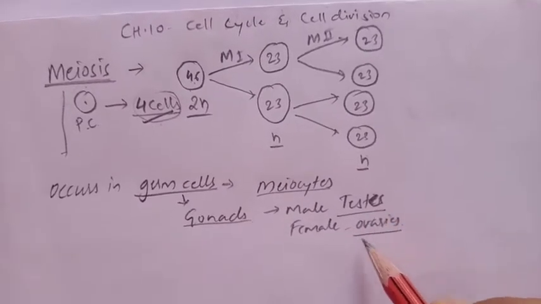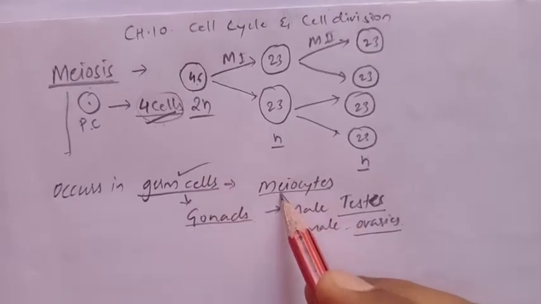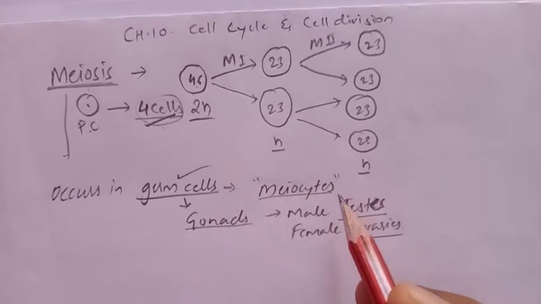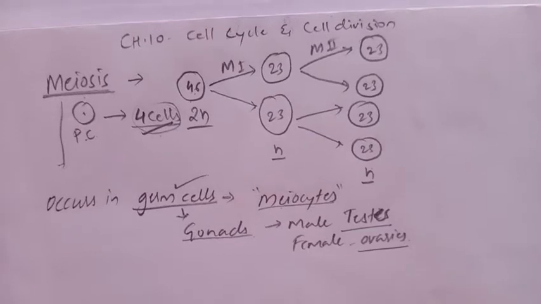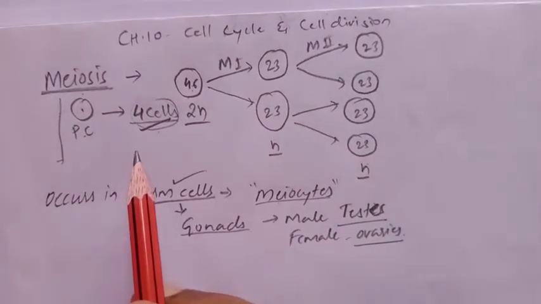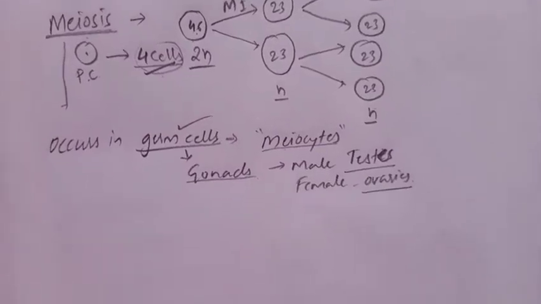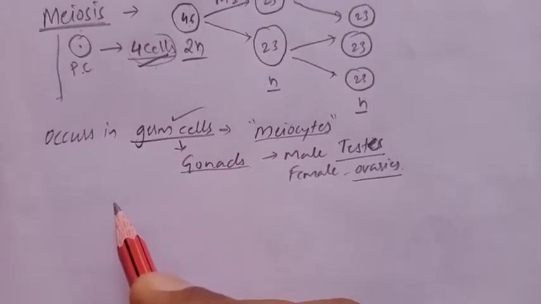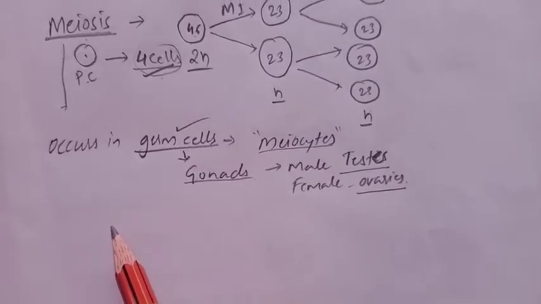The germinal epithelium contains germ cells, and these cells are also called meiocytes because they undergo meiosis. This type of cell division is very specific and takes place in the germ cells, and it occurs during gametogenesis in both plants and animals.